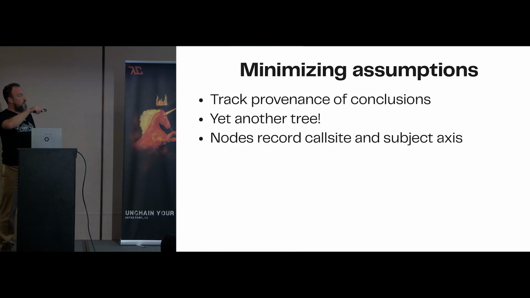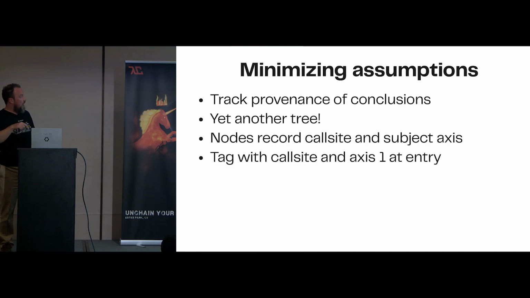We just care about, for our call sites, children of this call site, what do we need from this? And then when we go into a call site, all we have to do is tag it and say, okay, in addition to everything else you know about the provenance, it also comes from this new call site at axis 1, which is to say right at the root of the tree.